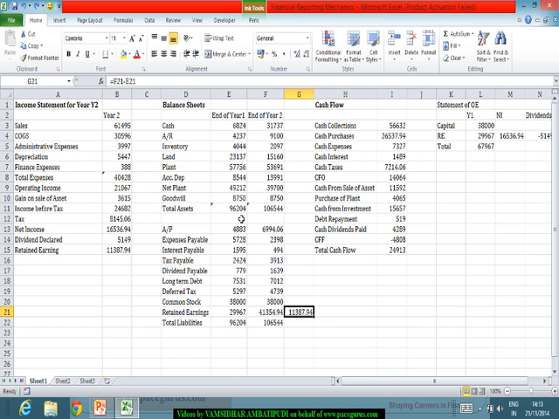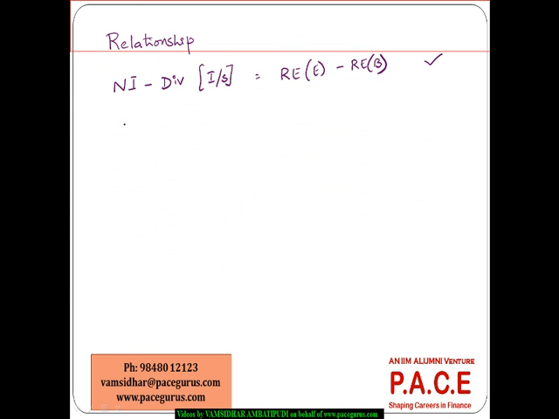Then the second important check that I can typically see is here: the accumulated depreciation in the balance sheet for the ending period should be equal to accumulated depreciation in the balance sheet for the beginning of the period plus the depreciation of the year that is coming from the income statement.